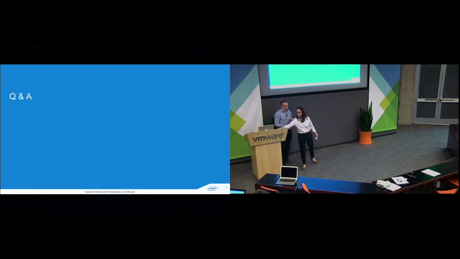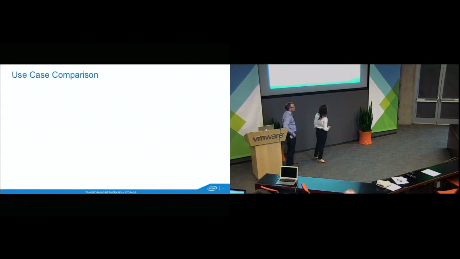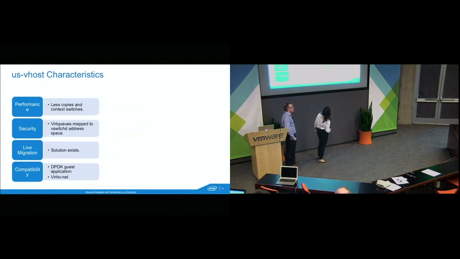All right, I got a question. For both of those cases, you were looking at Userspace OVS, right? In both case 1 and case 2? For the IVSHMEM and Userspace VHOST, yes. So netdev-dpdk runs in Userspace. Right. So have you ever looked at doing a similar thing for the in-kernel OVS data path?